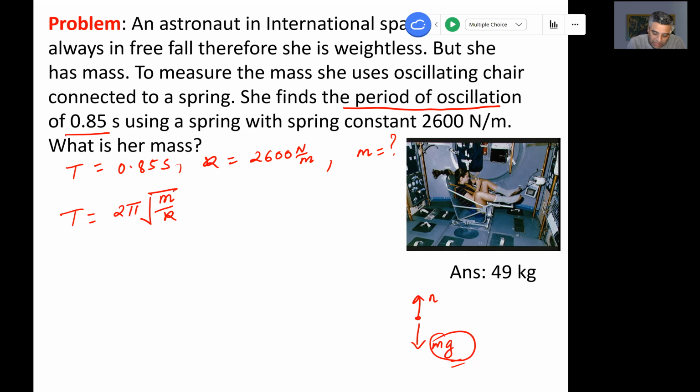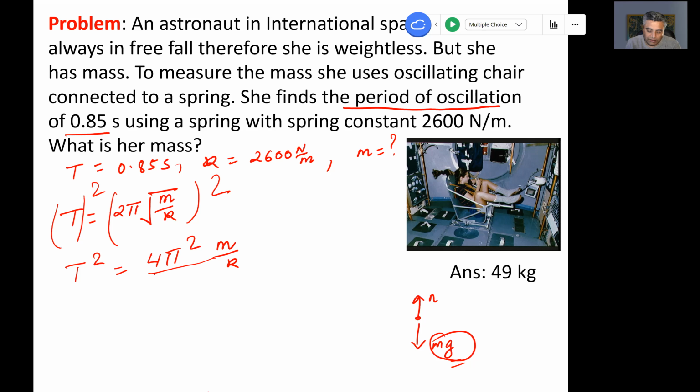So we want mass, and it is inside the square root. To get rid of the square root, what do we need to do? We need to square both sides. So this becomes T squared. The other side becomes 4 pi squared. And the square of a square root is simply nothing. So it becomes like this. Now we can solve for mass.